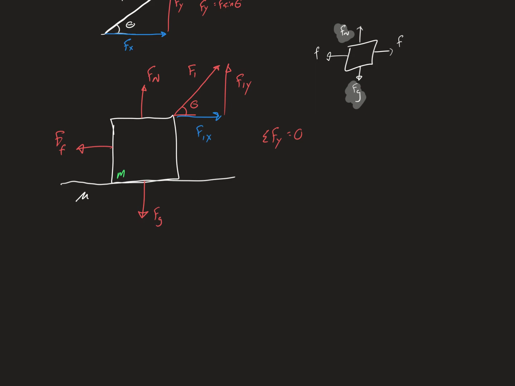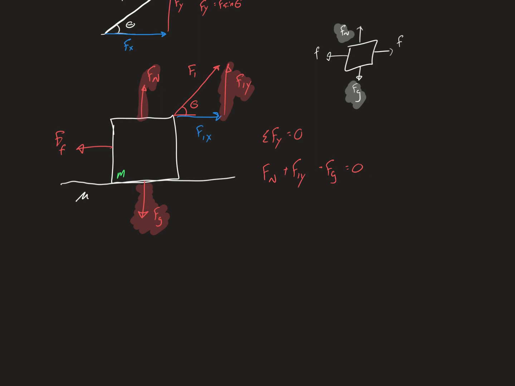The forces we're going to look at are the normal force, this guy right here, the applied force in the y direction, and then our weight, or Fg. So those are the forces that comprise the y direction. We will have the normal force going up, the y component of the applied force F1 going up, the weight going down, and we will set that equal to 0.